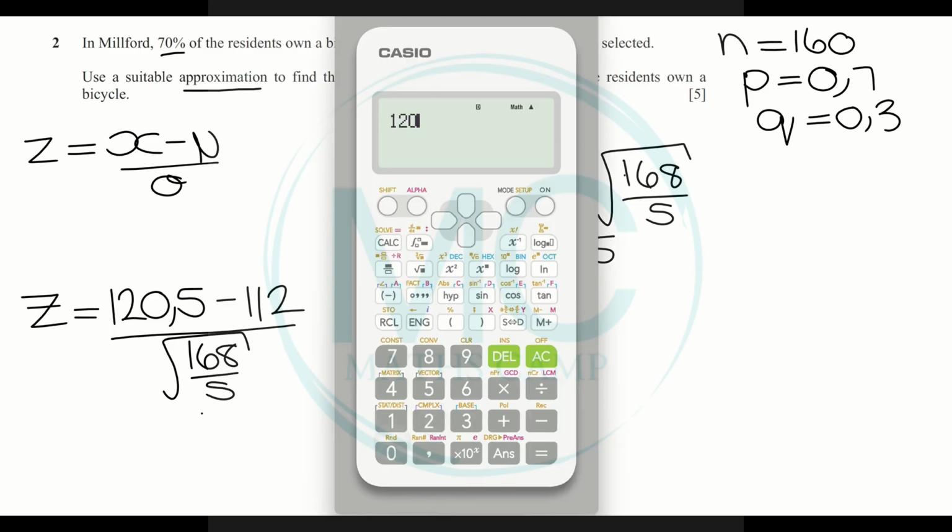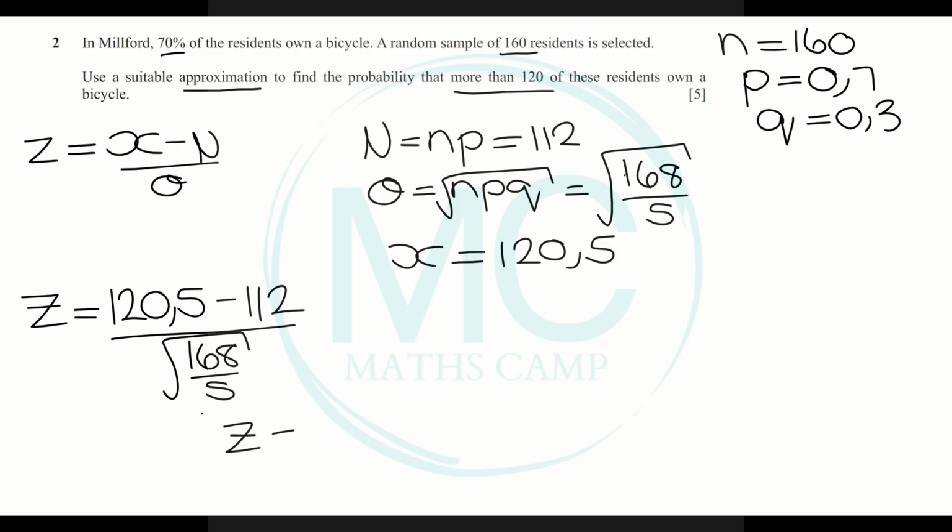Let's say 120.5 minus 112 divided by the square root of 168 over 5 is equal to 1.4663. We're looking for a z-score, so let's write it as z is equal to 1.466.